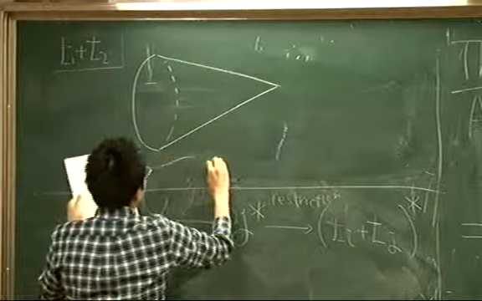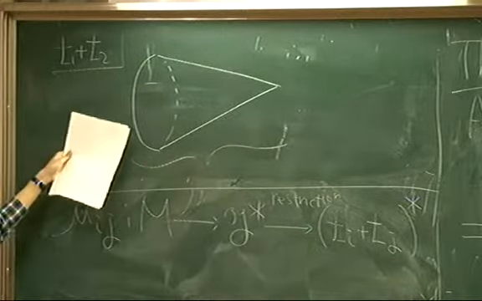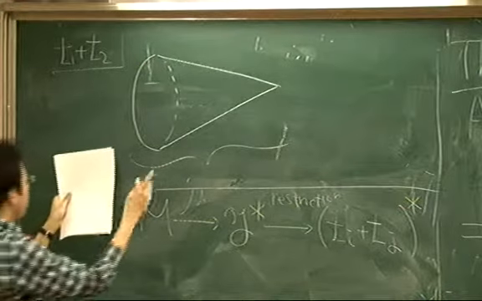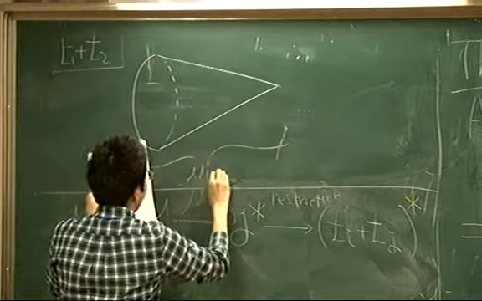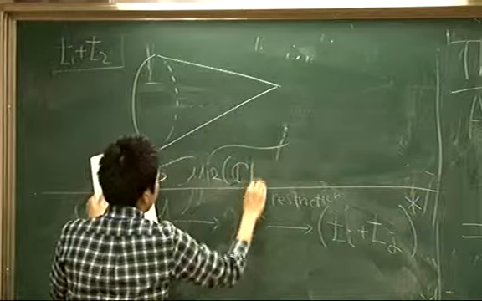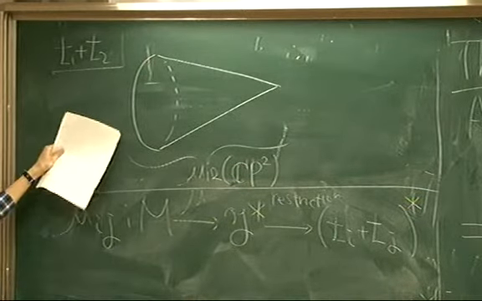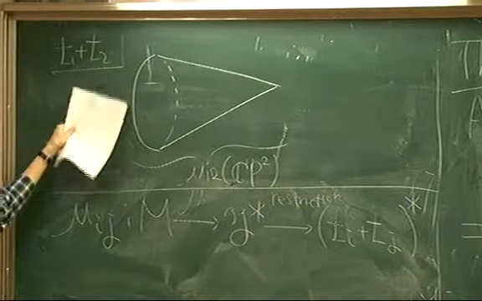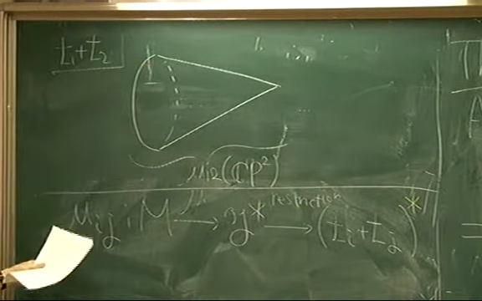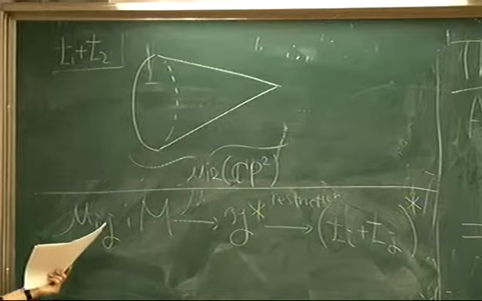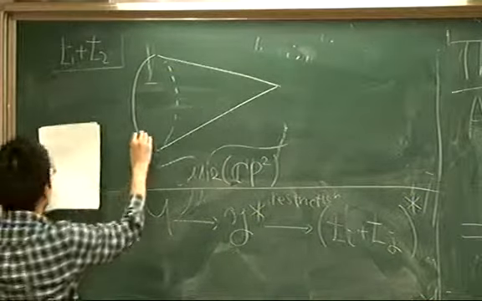This cone is the image of mu12 of CP2, which is given by its interior points and the boundary, and can be called a convex cone.